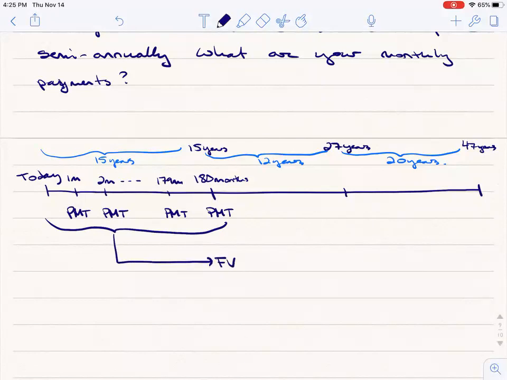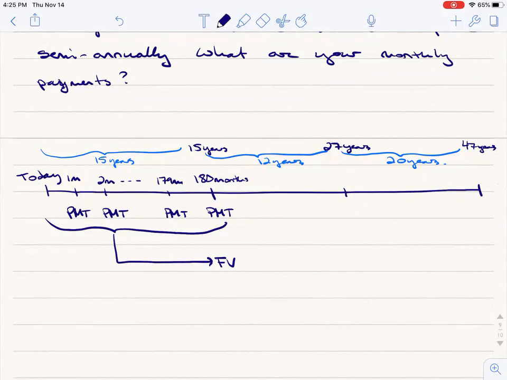I'm not going to put little subscripts on here to denote the order of my calculations quite yet, because I want to see the full picture. All right, but then after the 15 years, I'm done making payments, but now it's just going to sit there and make compound interest for 12 years.